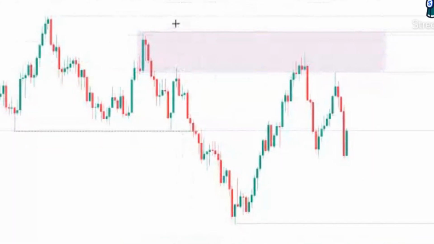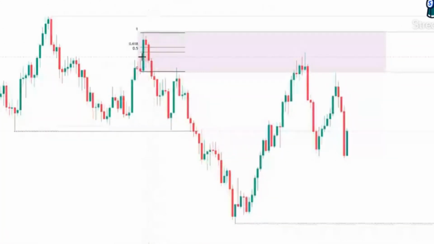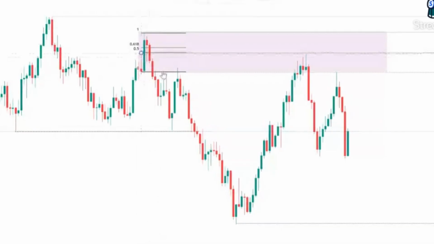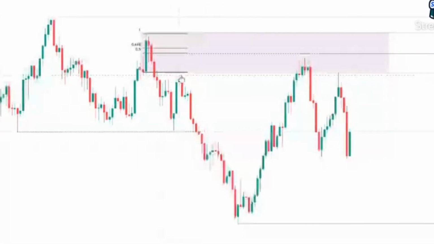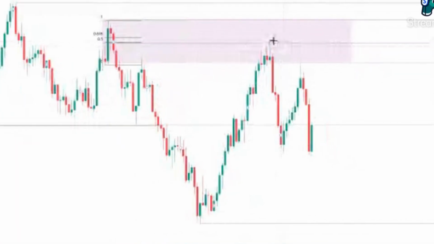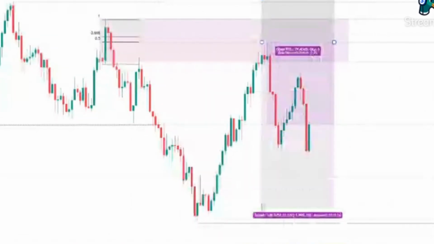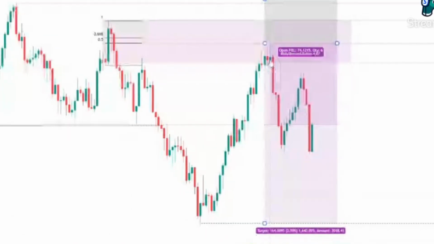So let's look at the 50% and see where price reacted from. Can you see where price reacted from? The 50% of it, and it came into it, and you take your trade target here, and that's it.